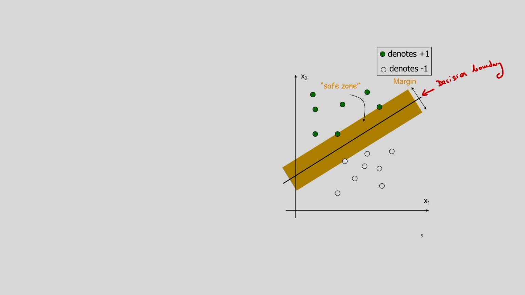The concept is like this. This is the decision boundary. I am increasing the width of the decision boundary, and I am stopping just before hitting the data points. These are very critical points. Based on this I can define the margin.